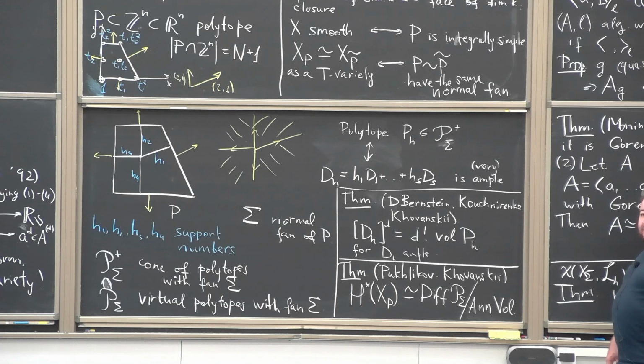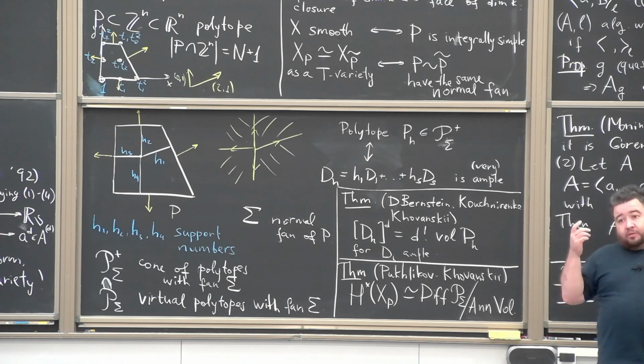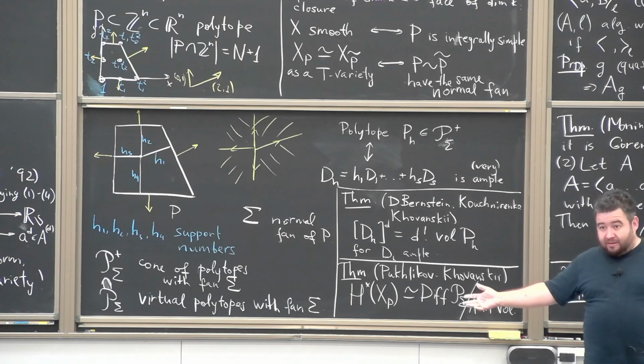Yes, and another question: what kind of singularity assumption is there on your polytopes? Are these simplicial polytopes? This must be the polytope of a smooth toric variety, so it must be integrally simple. But as I didn't tell you, it also makes sense for certain non-simple polytopes such as Gelfand-Zetlin.